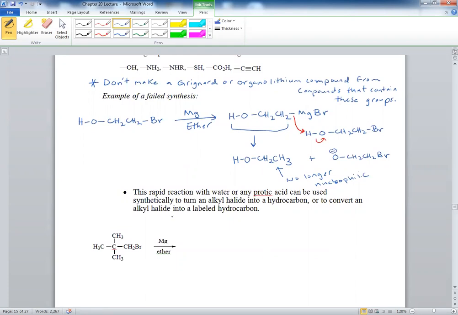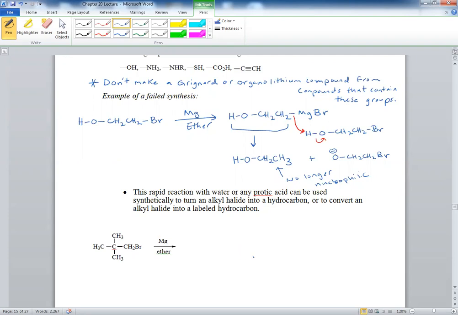As for the next thing we say in this statement, the rapid reaction with water or any protic acid can be used synthetically to turn an alkyl halide, right here, into a hydrocarbon, or to convert an alkyl halide into a labeled hydrocarbon. I'm not going to discuss the latter part. I'm just going to show you the former, which is how to turn an alkyl halide into a hydrocarbon.